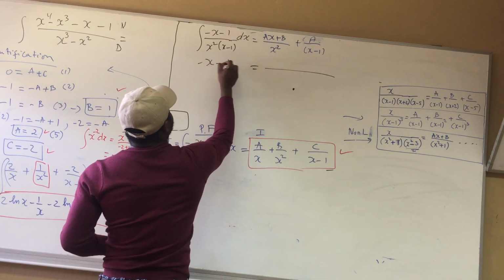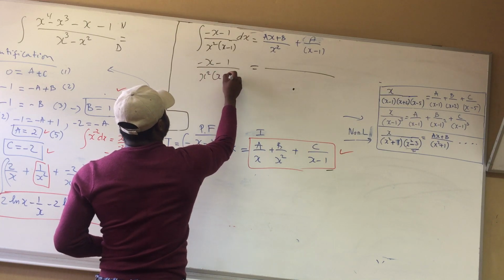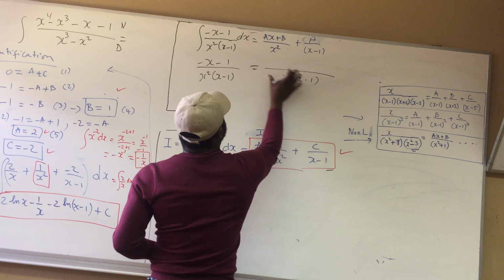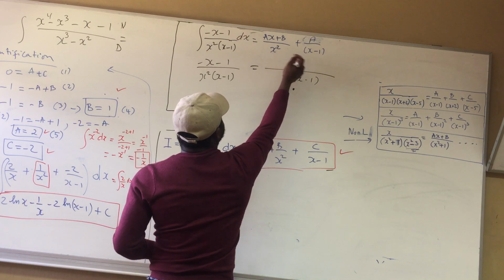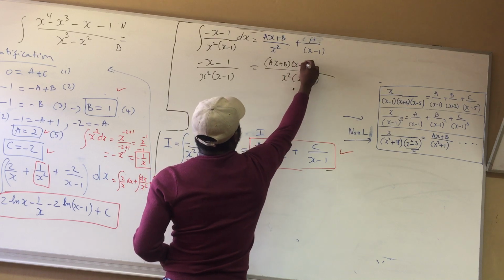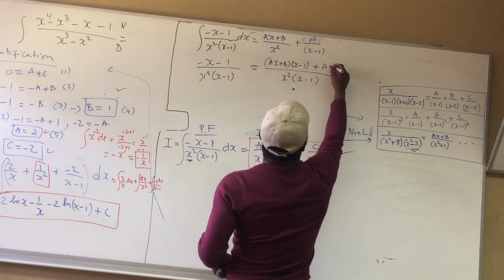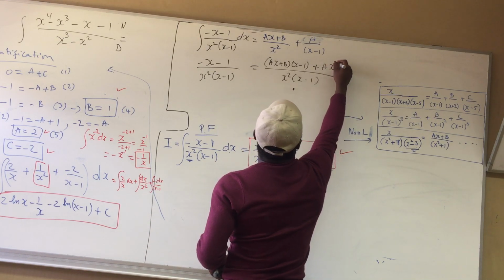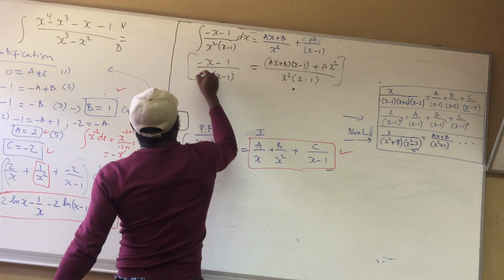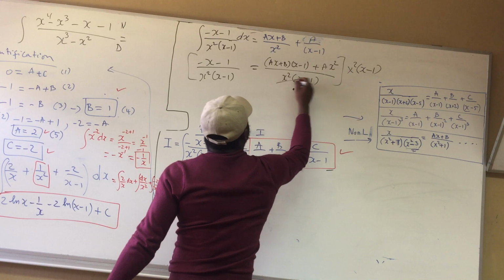Here it's going to be -1 - x - 1 over x squared (x - 1). This is going to be x squared (x - 1). This divided by this is giving you (ax + b)(x - 1), plus this divided by this is going to give you x squared. Then from here, I multiply by x squared (x - 1), so it's actually cancelled out.